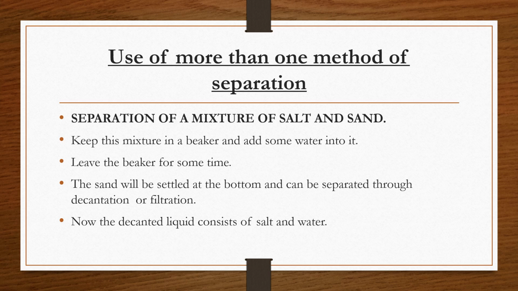You are given a mixture, so will you be able to separate it with hand picking? No, because both are fine particles. You can't separate them easily through hands. Then the sieving method is again not possible because both are fine in nature, so both will cross the sieve. So here we'll require more than one method.